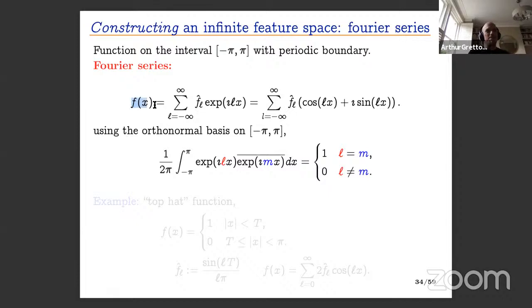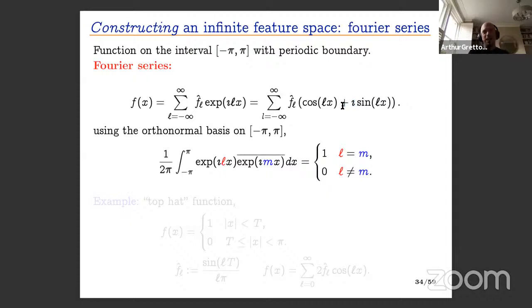Now I'm going to express functions on this interval using a Fourier series representation. This is going to be an infinite sum of coefficients f hat times these things here, e to the square root of -1, coefficient L times x. Now this complex exponential, I'm going to break down into a sum of cosine and square root of -1 times sine.